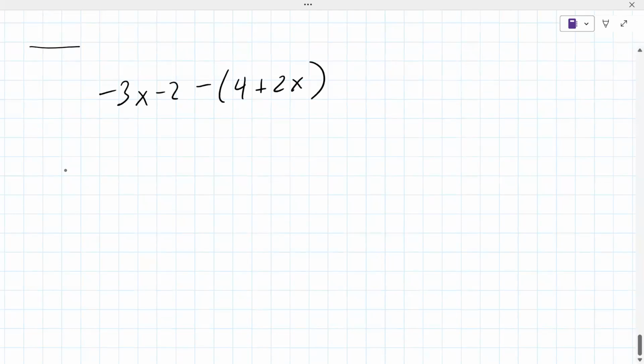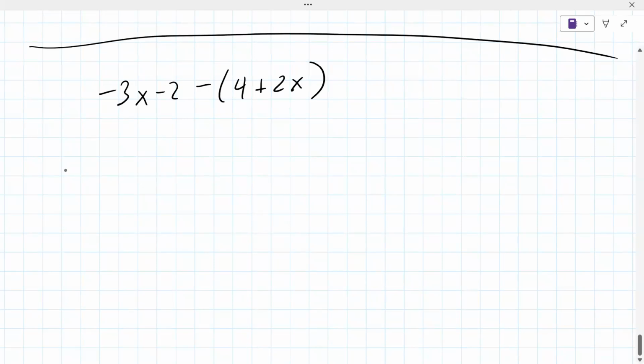Okay. You want to try simplifying this? Negative 1x minus 6. I agree with the minus 6, so it's minus 6, minus 3x, minus 2x.